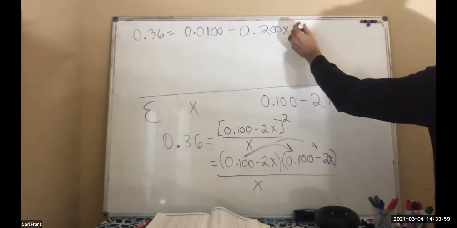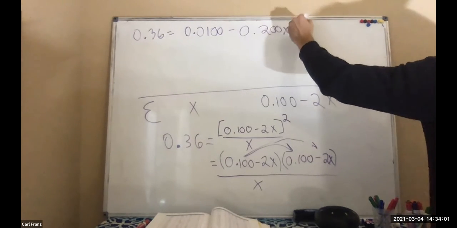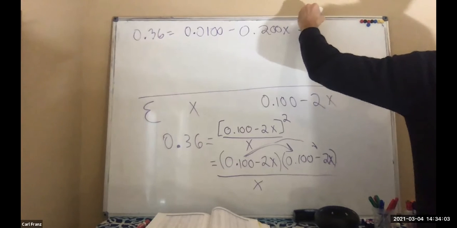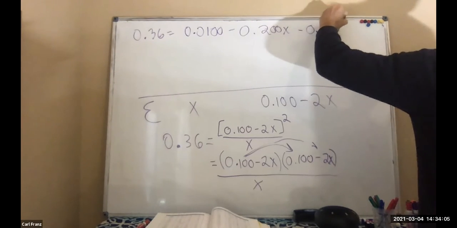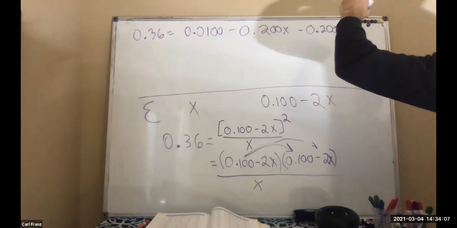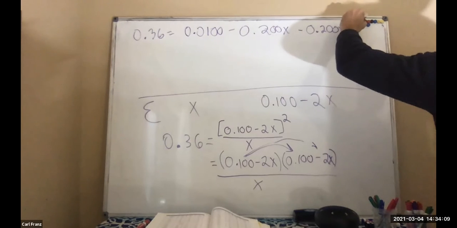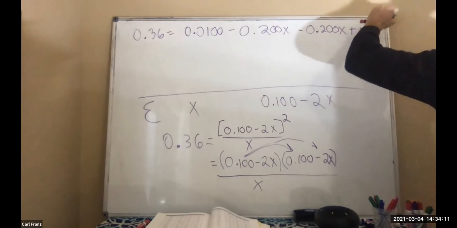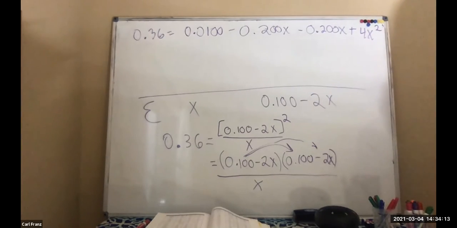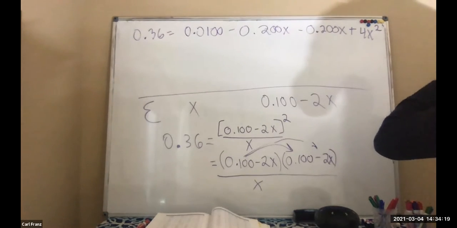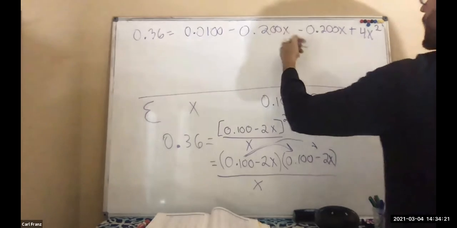What else we got? What's a -0.2x minus a -0.2x?